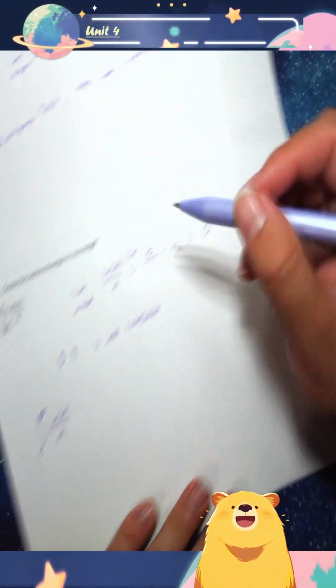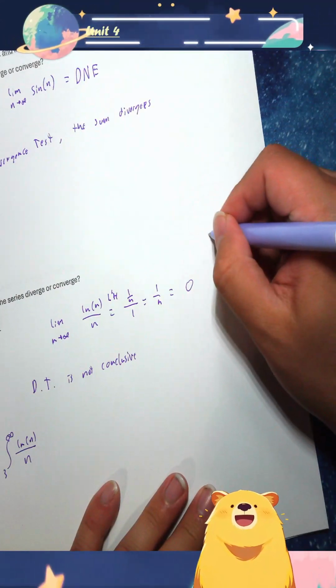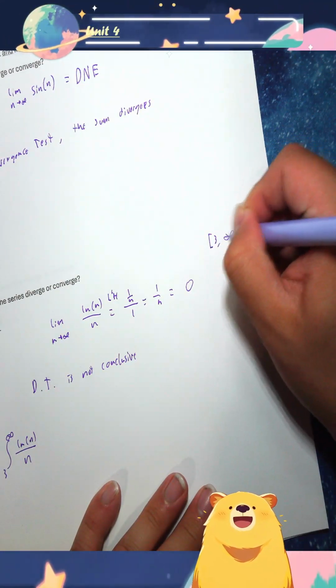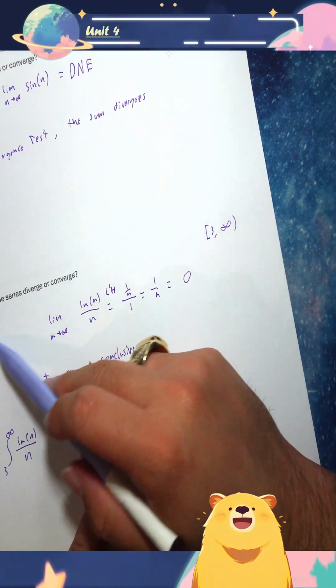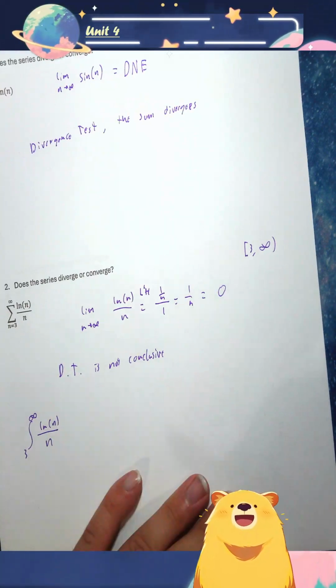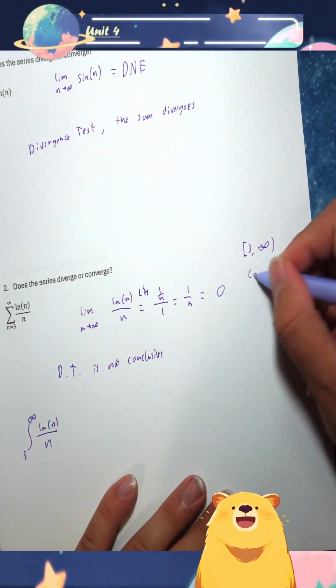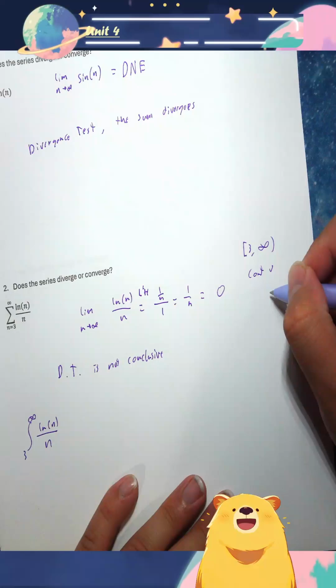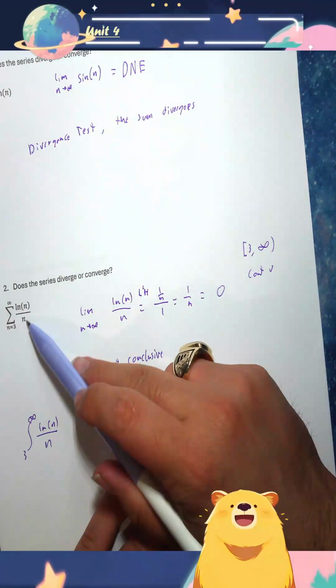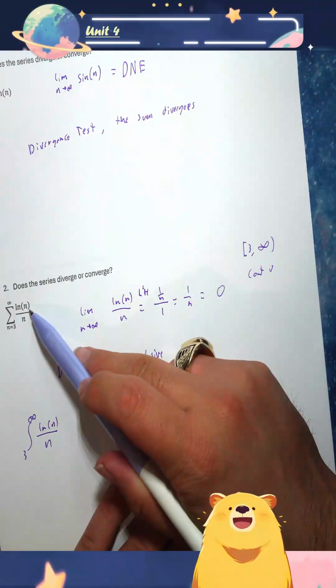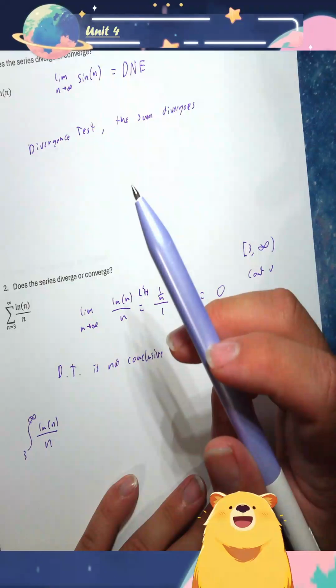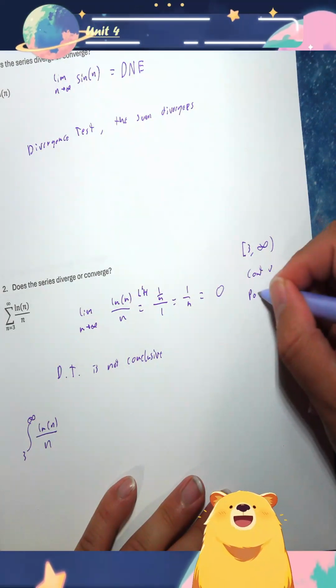So here we're starting at 3. So really we're just checking if it's continuous from 3 to infinity, which it would only fail to be if the denominator touches 0. It doesn't, so it is continuous. And it is positive. That value will never be negative.